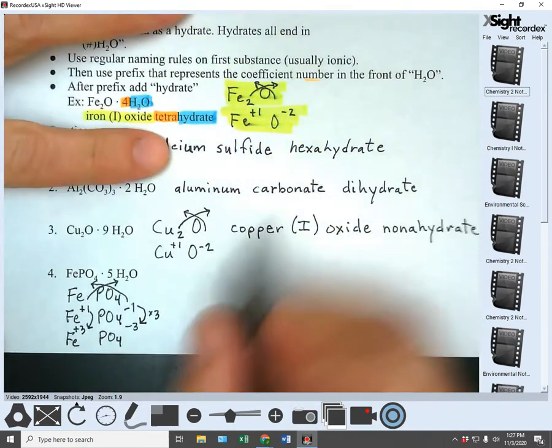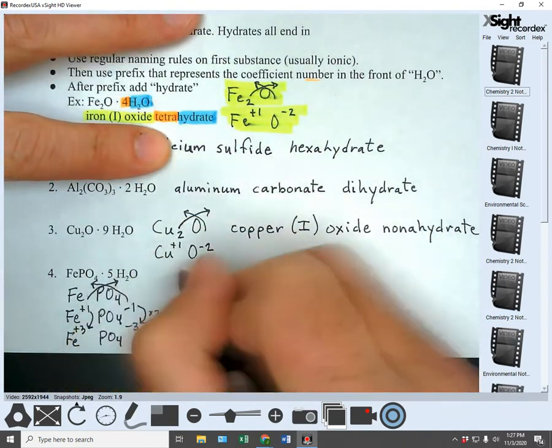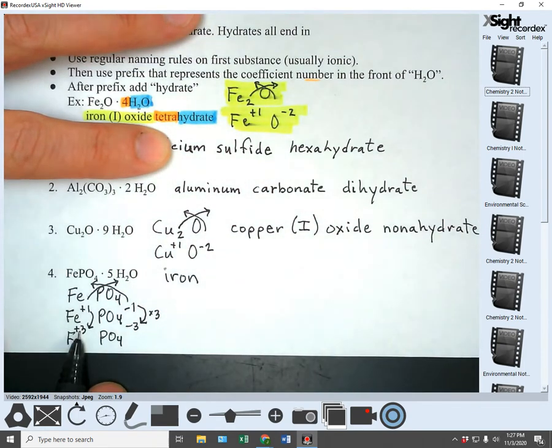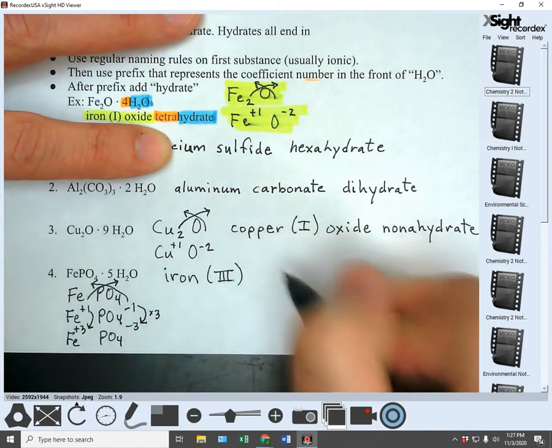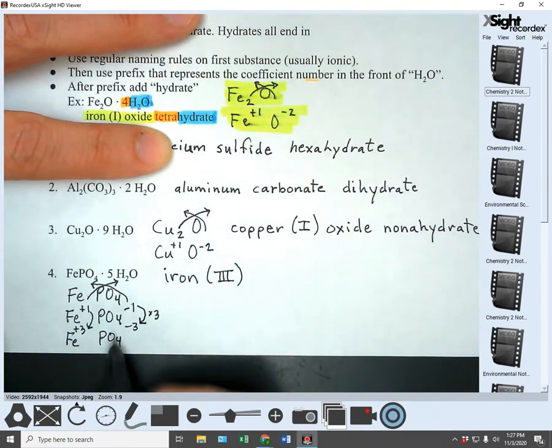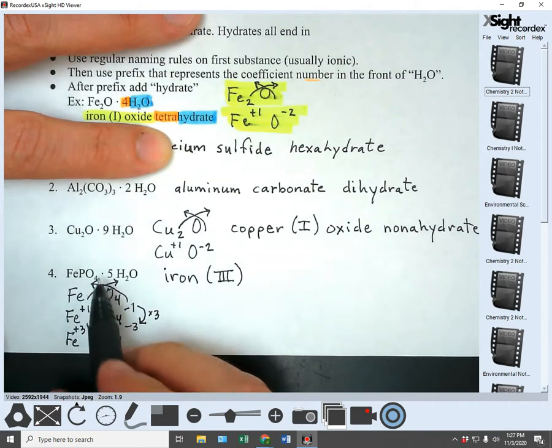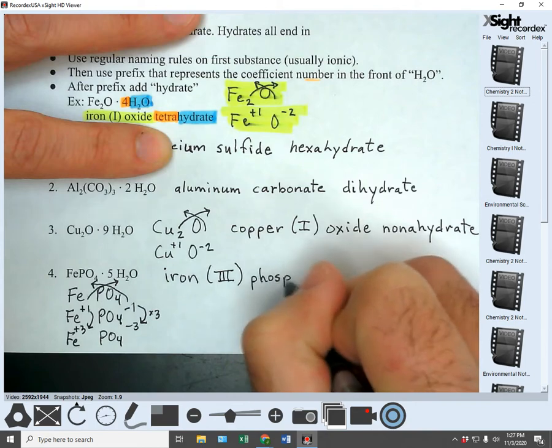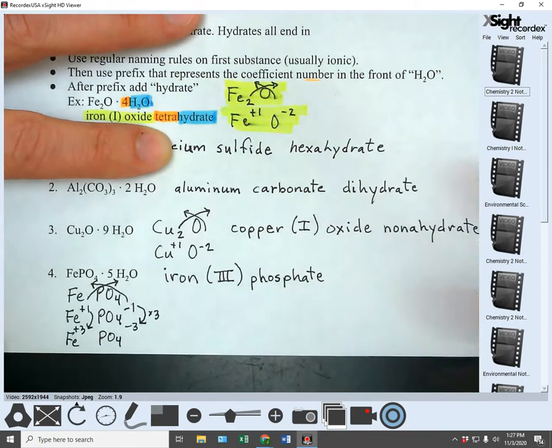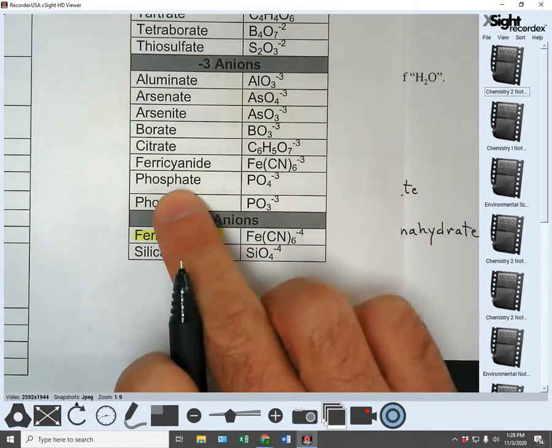Okay, so beginning part of the name, Fe is iron. Our Roman numeral is the original charge, which is 3. Anion is polyatomic, is phosphate. Got that from the polyatomic ion table here. PO4 is phosphate.